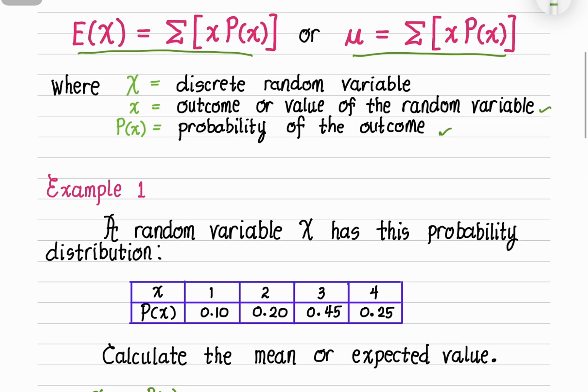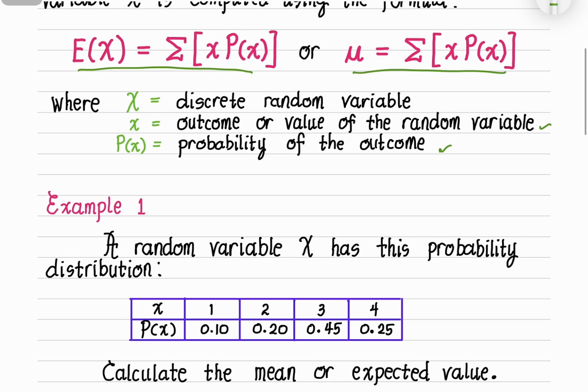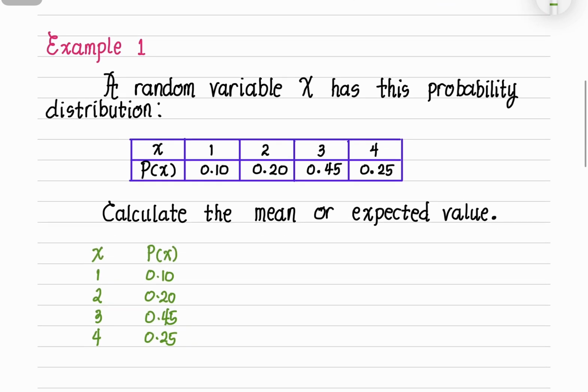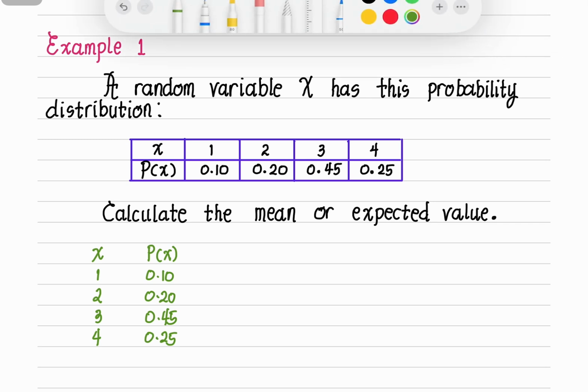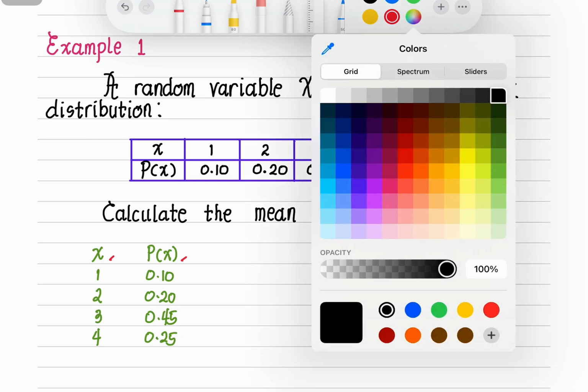Okay? So, following our formula, sabi dyan, E of x is equal to the summation of x times the probability of x, or mu or mean is equal to the summation of x times the probability of x, or p of x, no? Okay, so ibig sabihin, ipag-multiply natin, okay, ito, si x and then p of x. Gets?